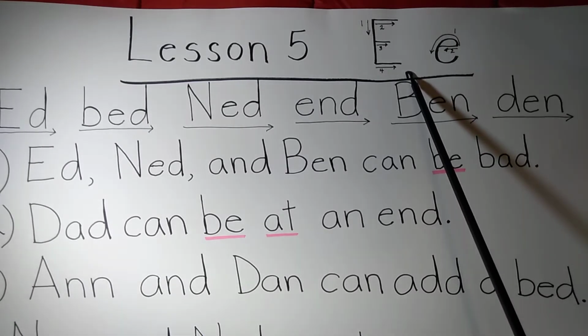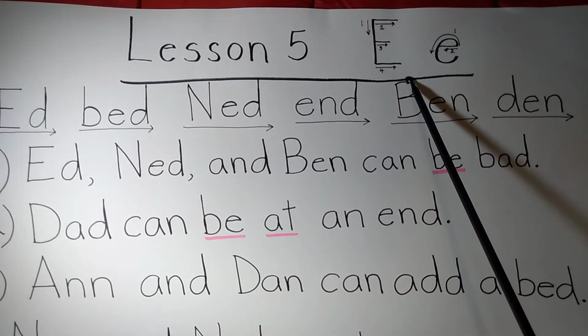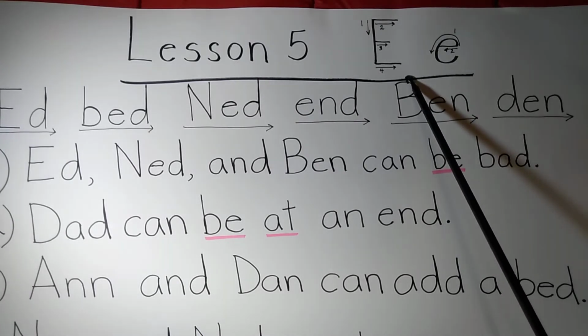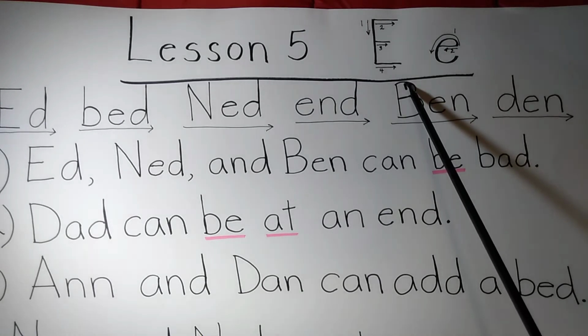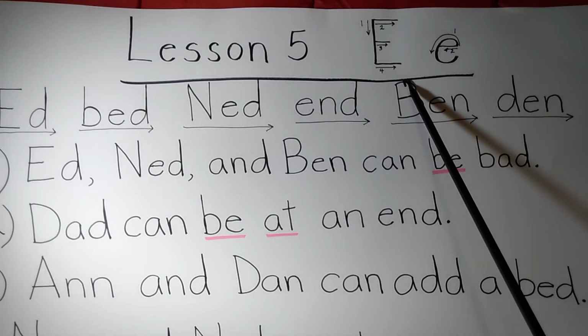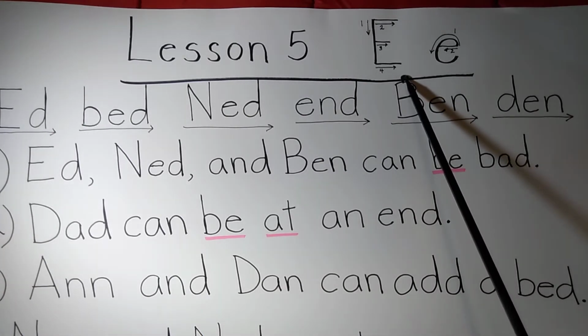I'm not going to remind you non-printer practicers. You can just skip the printing and go straight to the new words, which you won't have to move very far along, maybe a minute or so to get into that section.